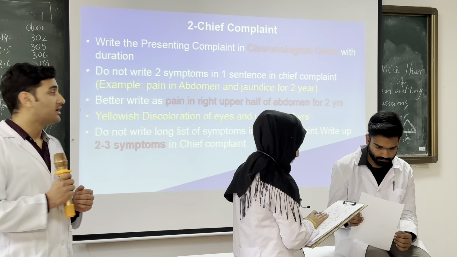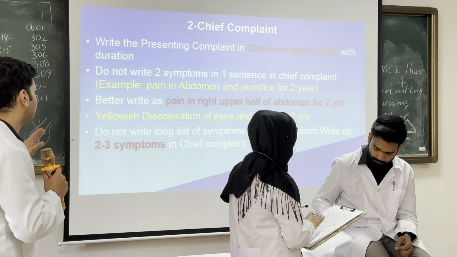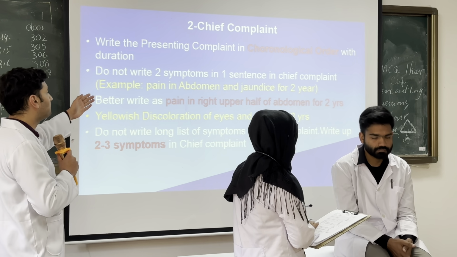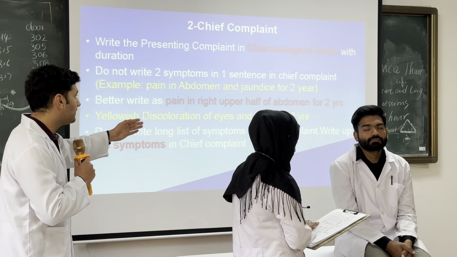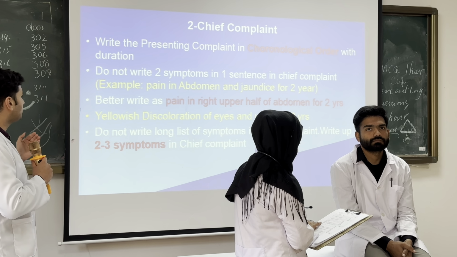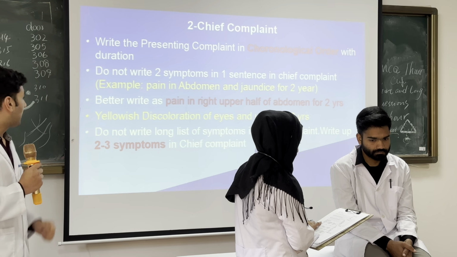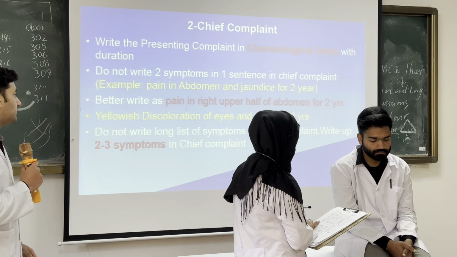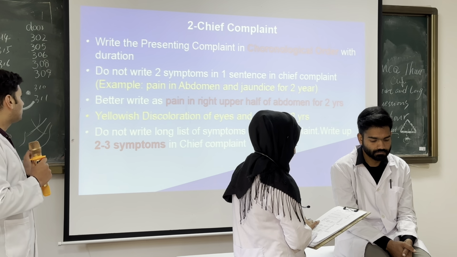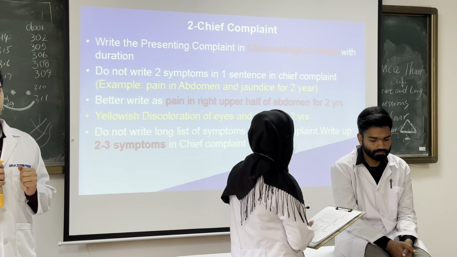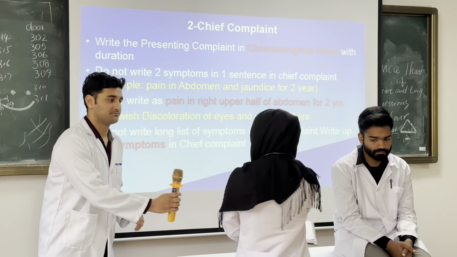We will only write the symptoms, like pain in right upper half of the abdomen for 2 years and yellowish discoloration of eyes and urine for 2 years. And do not write a long list of symptoms in the chief complaint. Write 2 to 3 symptoms.